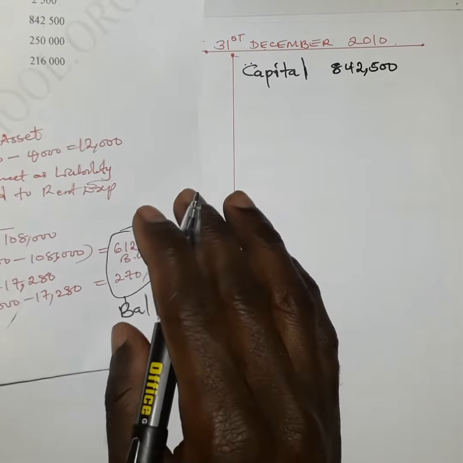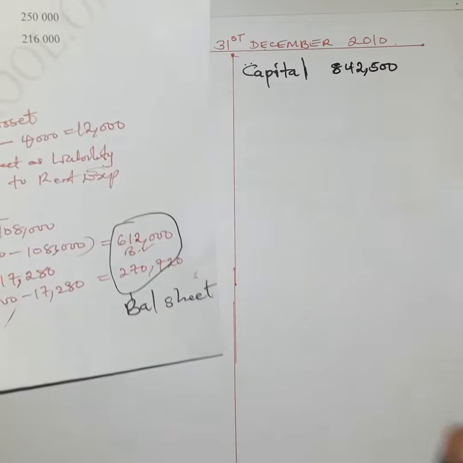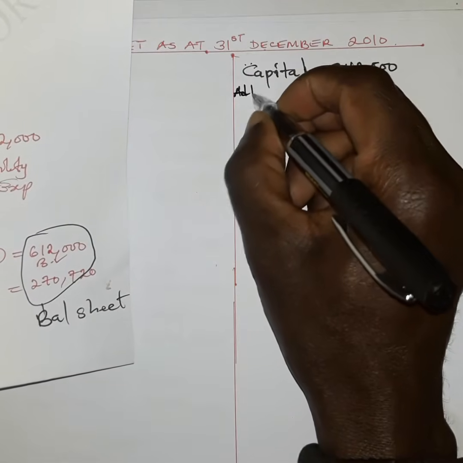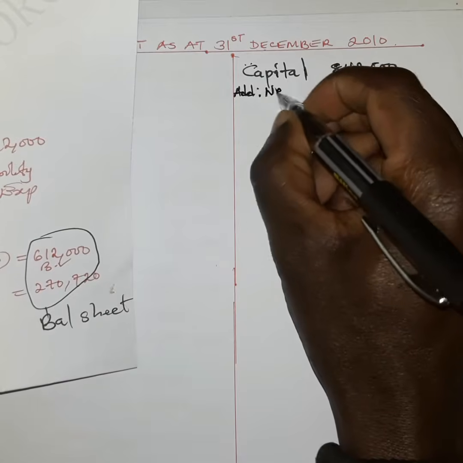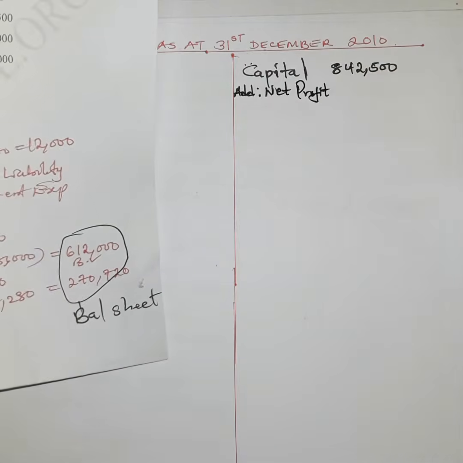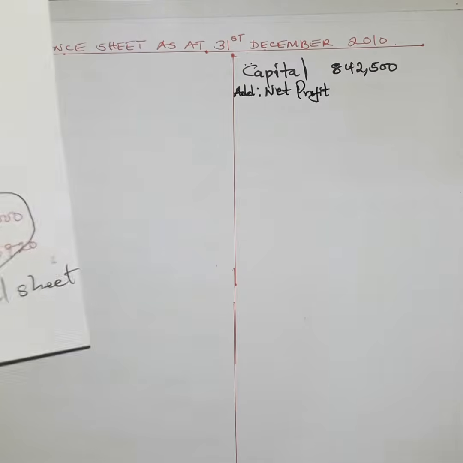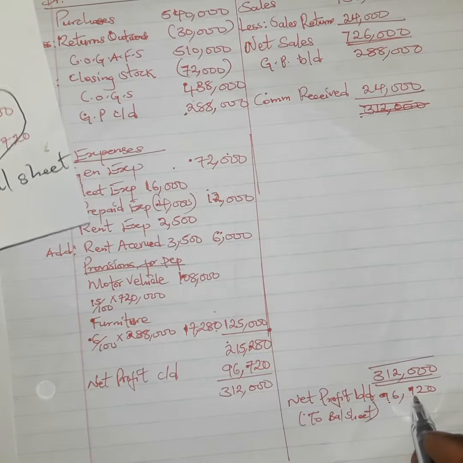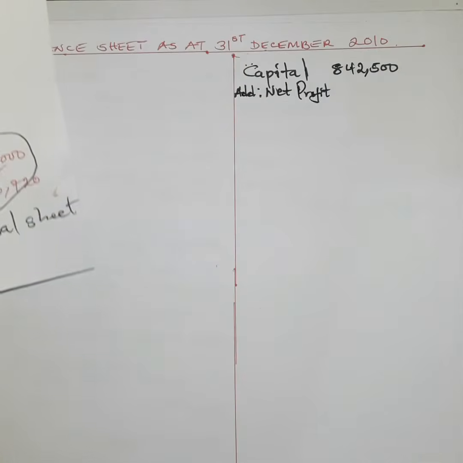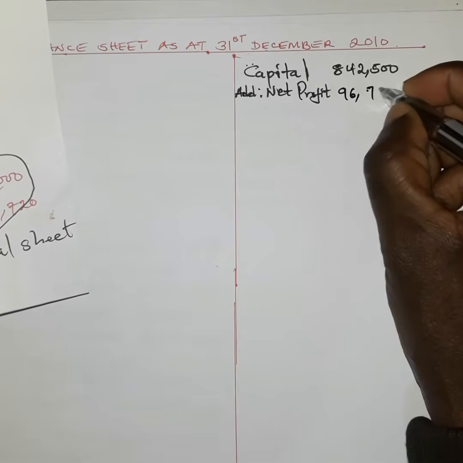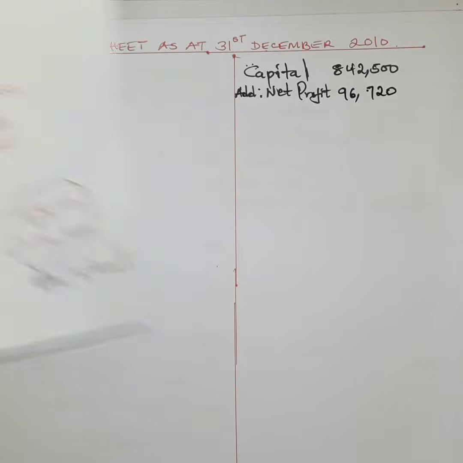We're supposed to add the net profit that we realized from this particular business, and the amount was 96,720.